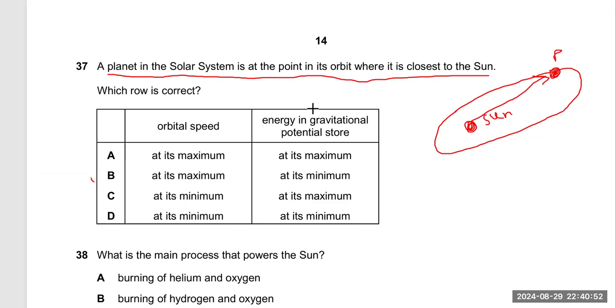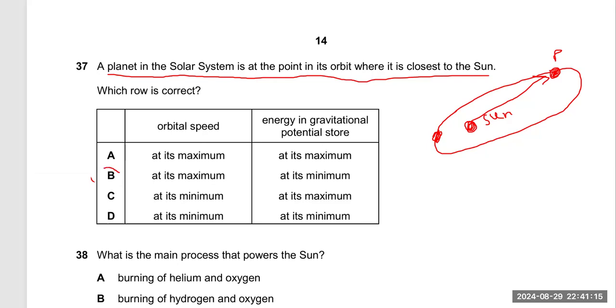The question is to identify which statement is correct. When the planet is close to the sun, its orbital speed will be maximum and potential energy will be minimum. This is the combination. So orbital speed is maximum and gravitational potential energy is minimum.